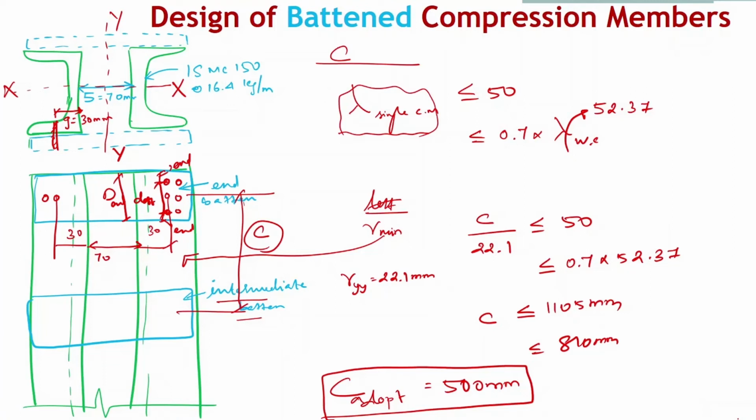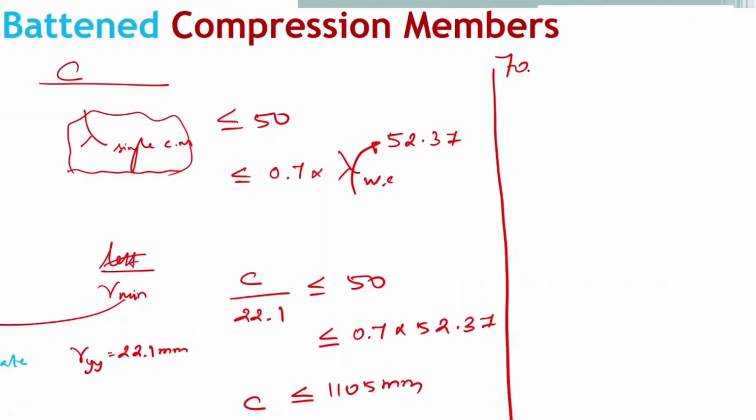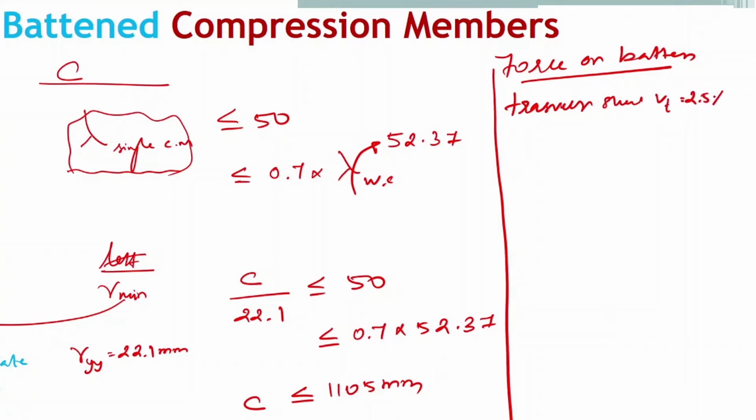Now I need to determine how much is the force coming to the batten. That means both shear and bending moment. So force on batten. Transverse shear is Vt, which is 2.5% of column load.